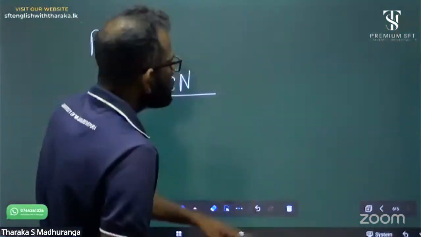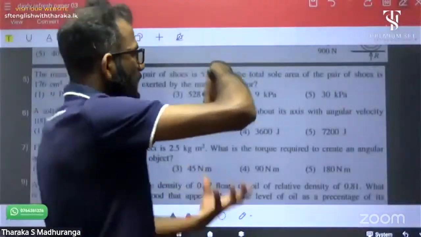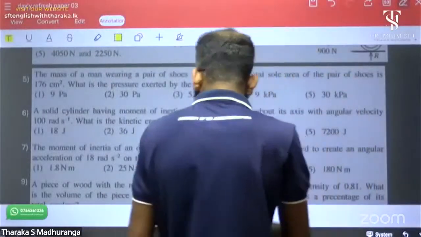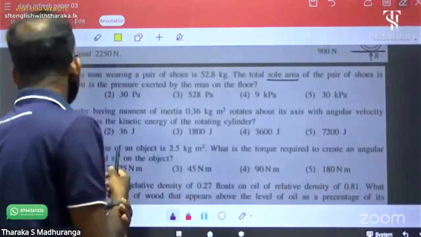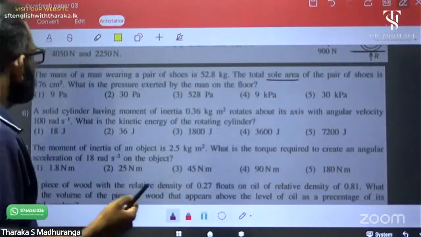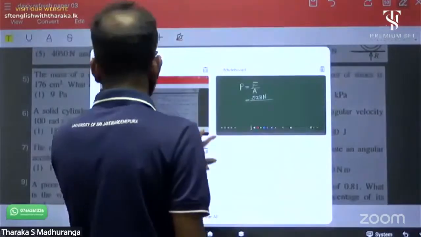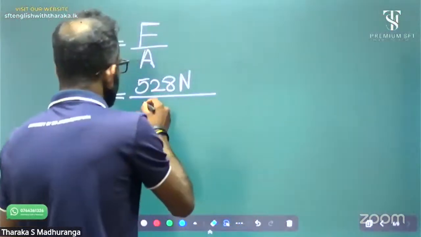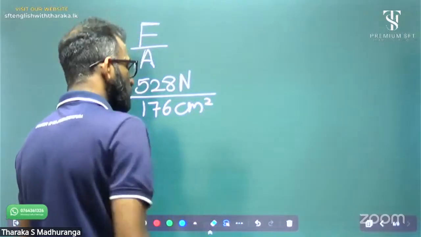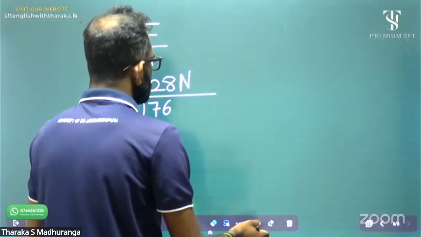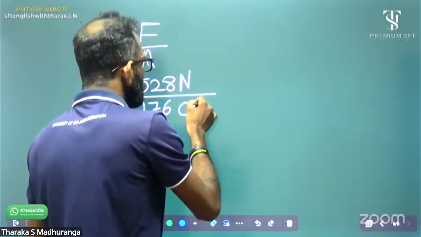Okay, how about the sole area, meaning the contact area? The sole area of the pair of shoes is 176 square centimeter.